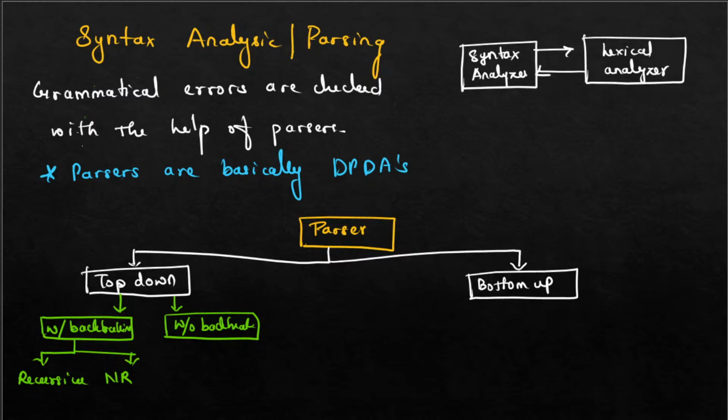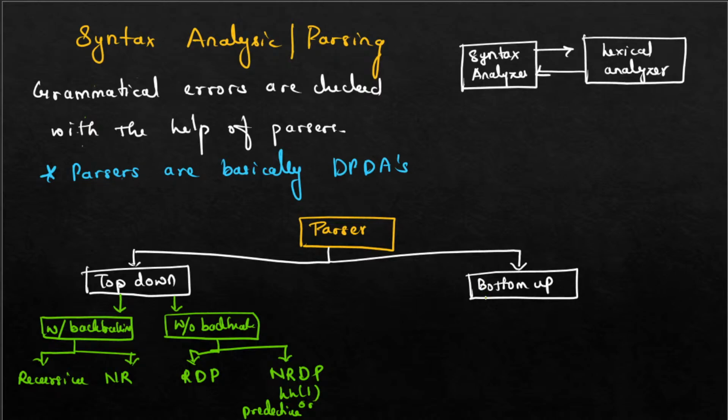NR means non-recursive, just understand. Without backtracking, the first one is recursive descent parser, and the second is non-recursive descent parser. This is very important. We can say that LL1 or predictive parser.